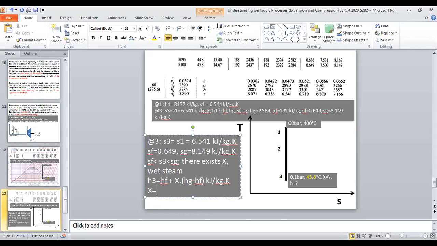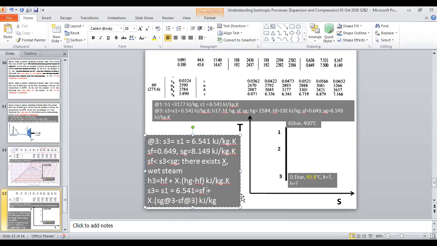You can write this expression: S3 equals S1, which is this, equals Sf plus X times (Sg minus Sf), where Sg and Sf are at state 3.